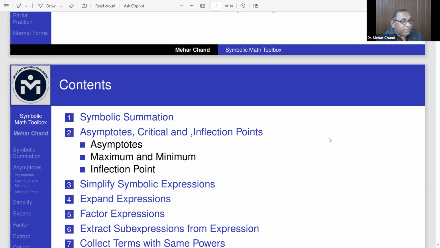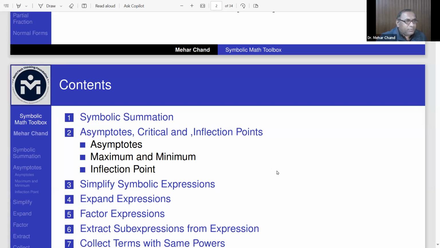Then we have simplify symbolic expression, expand function, factor expression, extract sub-expressions from the expression, collect terms, and all these are very simple functions. You just need to use them.